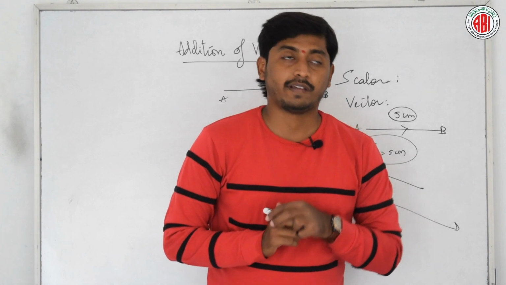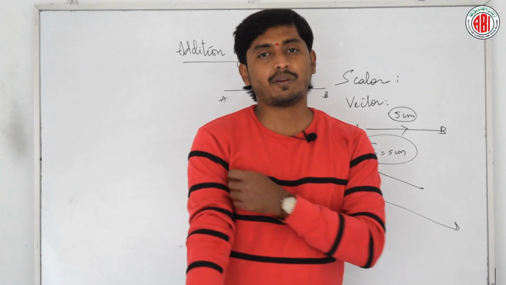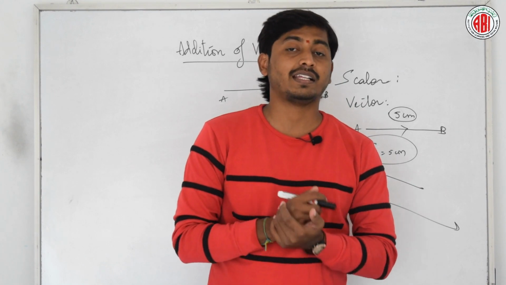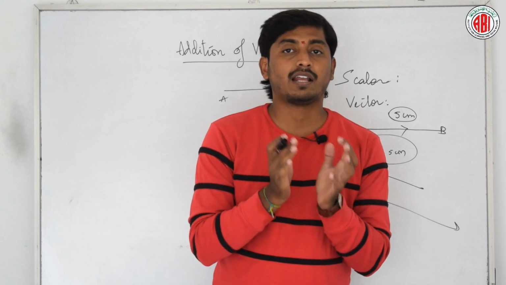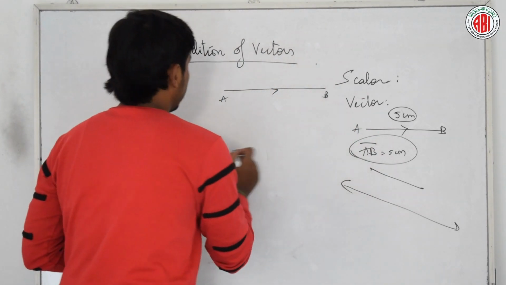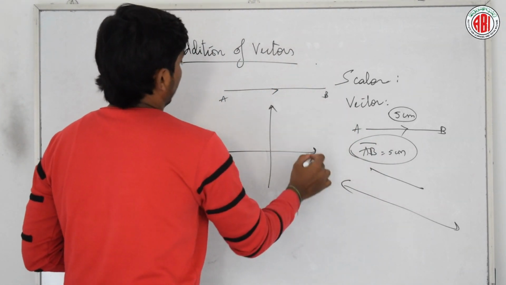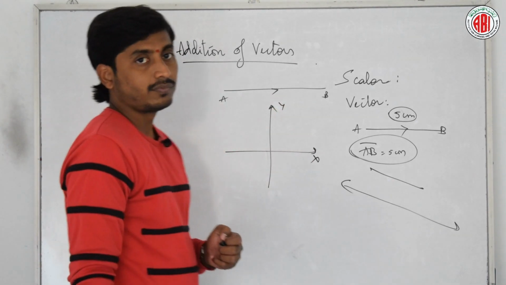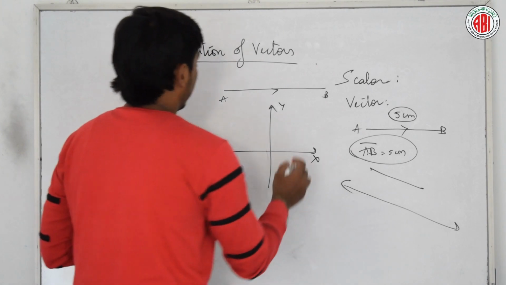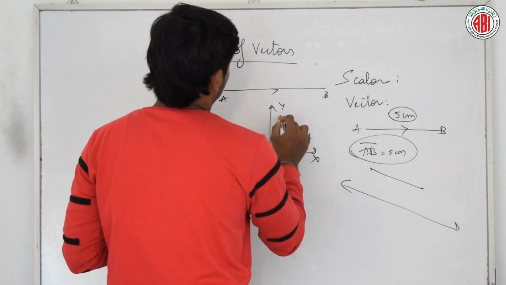Then how do we represent a vector? A vector is always represented in the direction of our coordinate system. For example, in our 2D system we have two axes, one is x, one is y. Then it has two unit vectors along x and y: along this is i, along this is j.